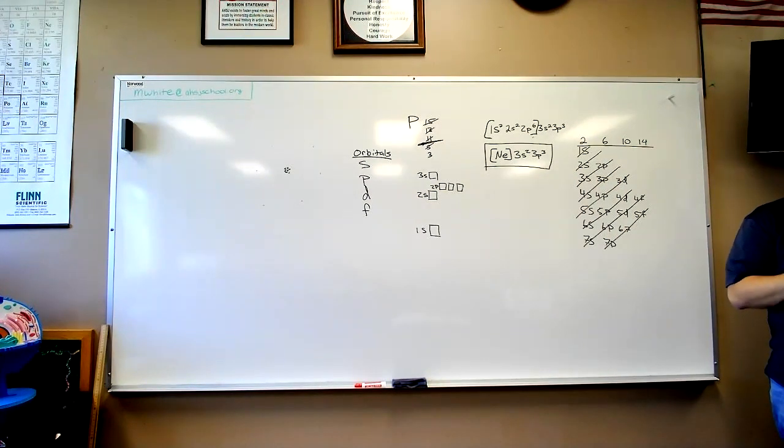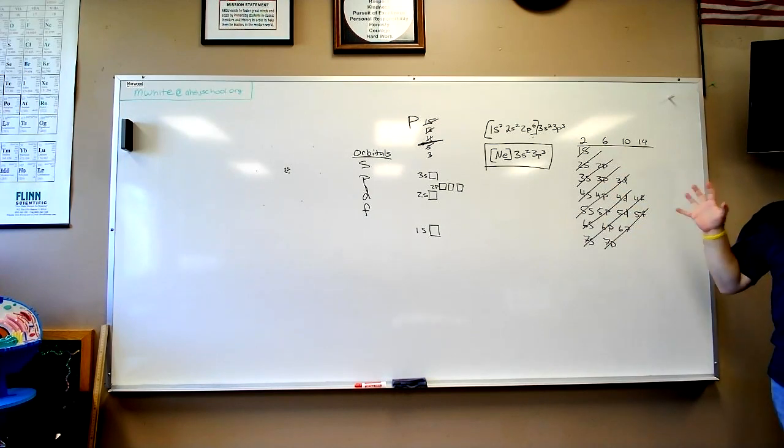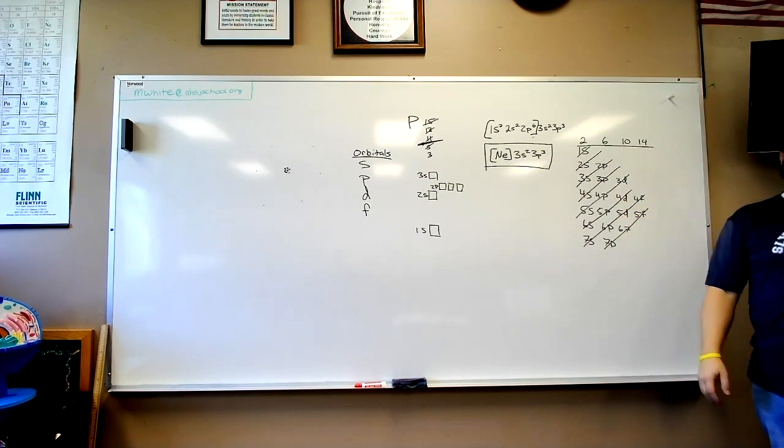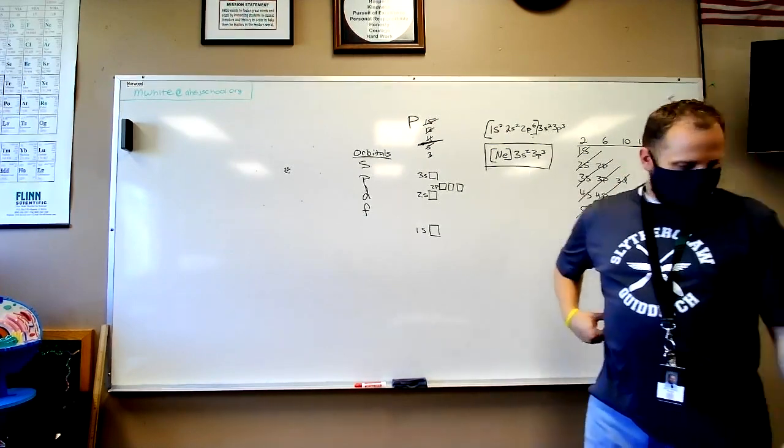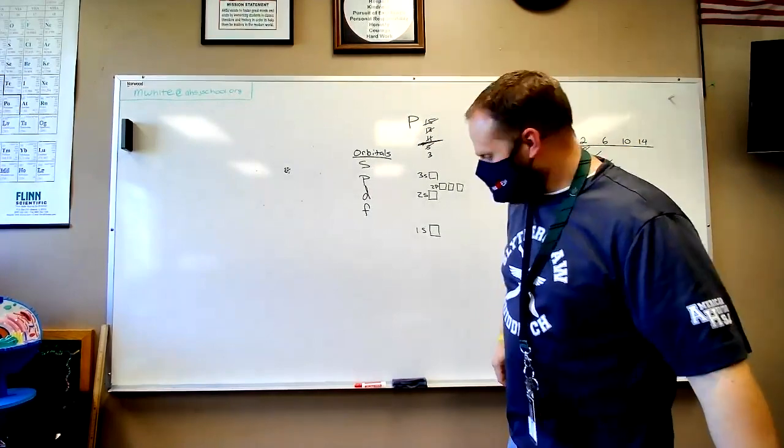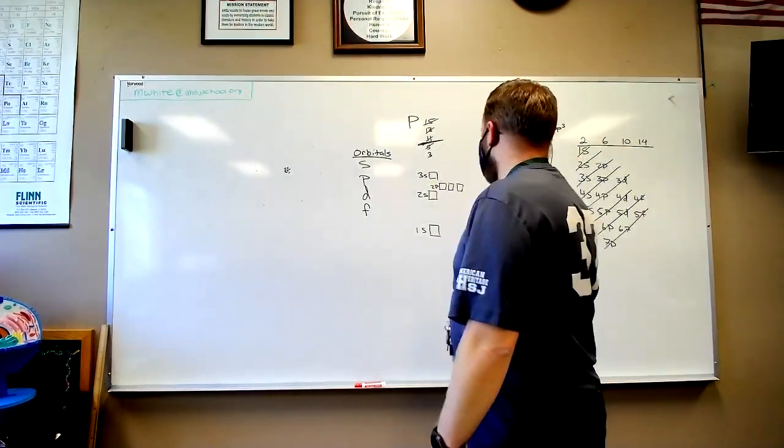But like I said, after this first test, we're never going to actually write out electron configurations again. So if you never get to the point where it's comfortable, you'll still be able to do well in chemistry. All right.